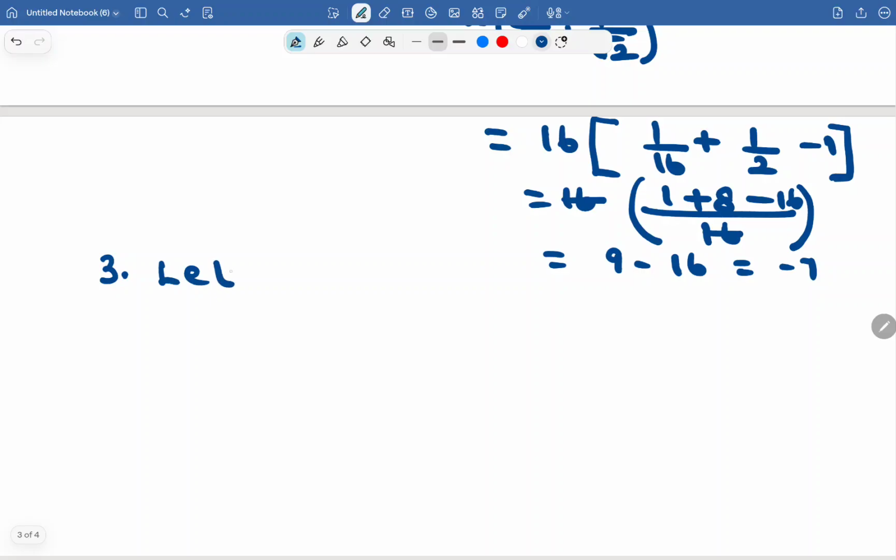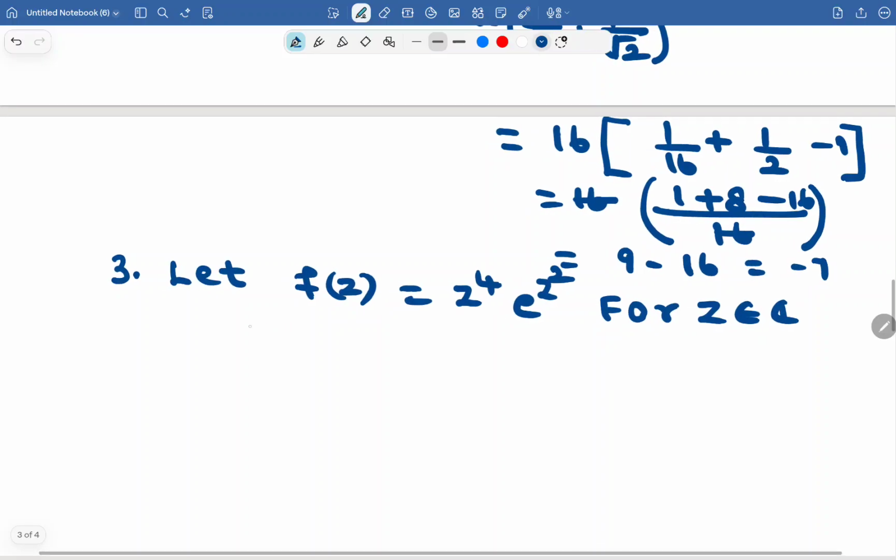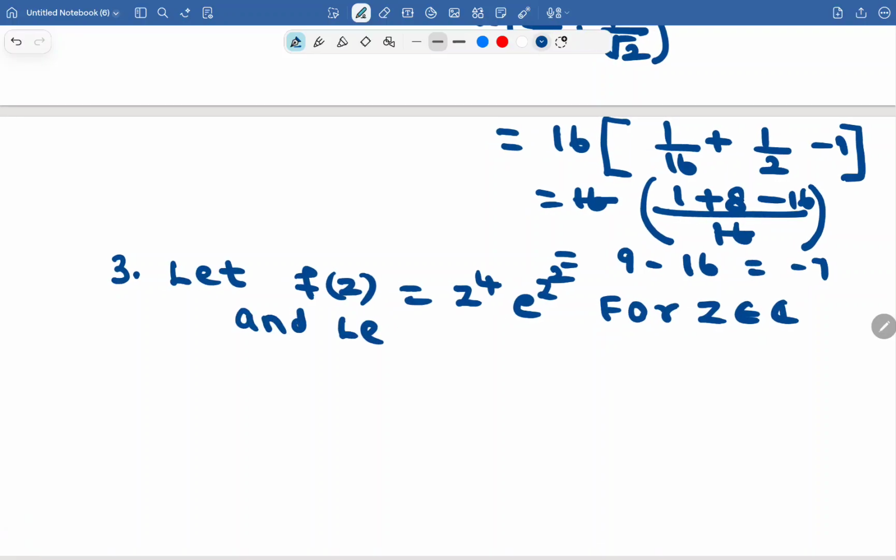Let f of z equal to z power 4 e power z square for z belongs to C, and let gamma of t equal to e power it, 0 less than or equal to t less than or equal to 4 pi.